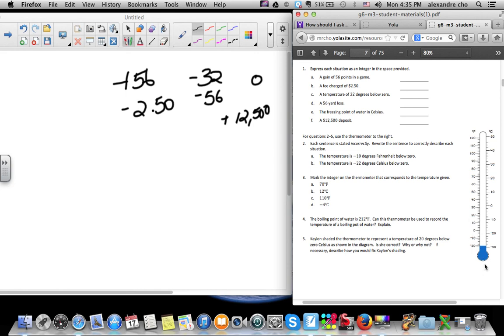I guess they mean what the blue markers show, what the temperature is now. So in Fahrenheit it's actually negative 20, I'm assuming. And in Celsius, the temperature right now is about negative 29. If we're reading the thermometer, on the Fahrenheit side it is negative 20, and on the Celsius side it is negative 29 Celsius.